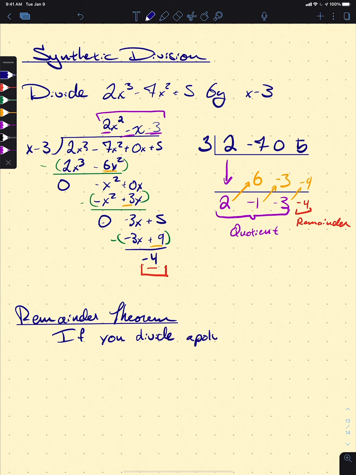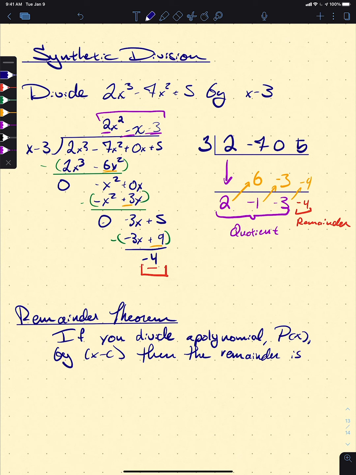If you divide a polynomial, let's give our polynomial a name, say p of x, by x minus c, well, then the remainder is the value of p of c. Okay, so when you divide your polynomial by one of these linear terms that looks like x minus c, the remainder is the polynomial evaluated at that point.